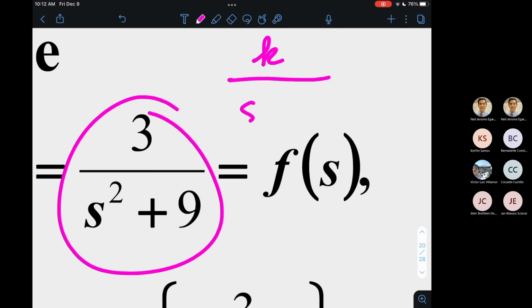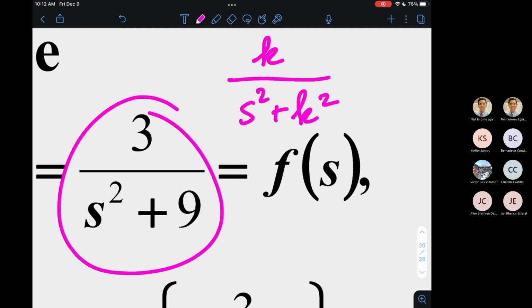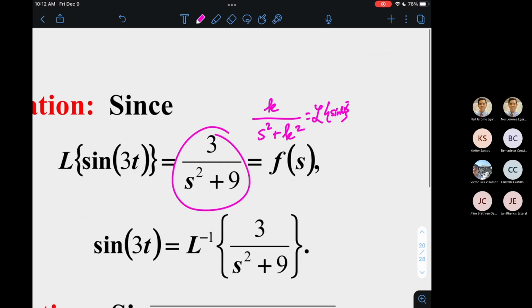It's k over s squared plus k squared. And luckily, when you take k equals 3, we get exactly this guy, right? And remember, this is the Laplace transform of sine kt. So that means the inverse Laplace transform of 3 over s squared plus 9 is sine 3t.